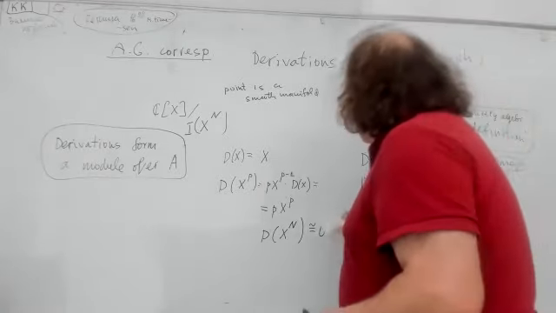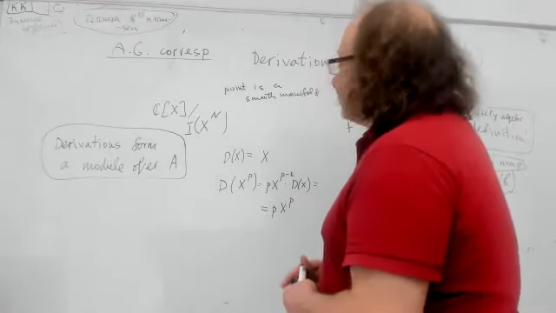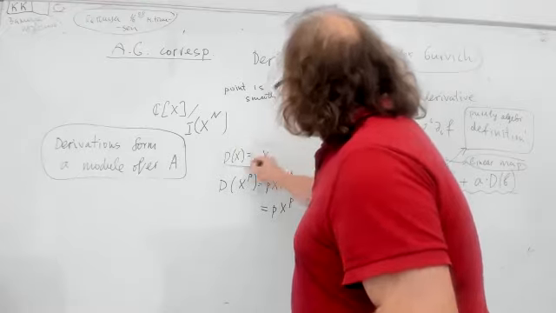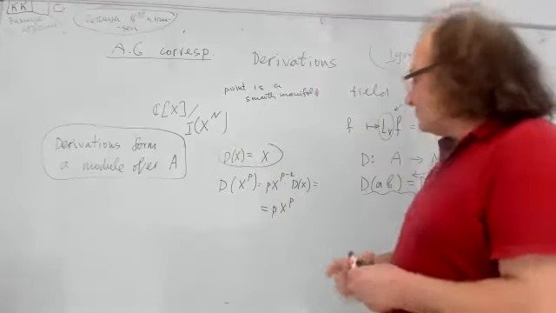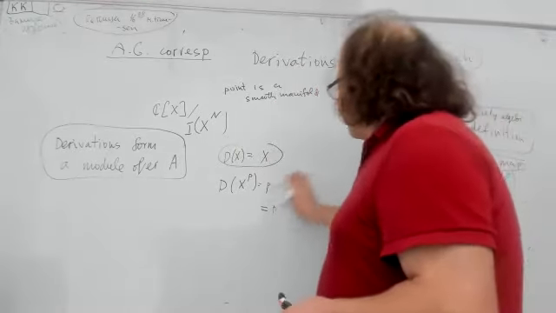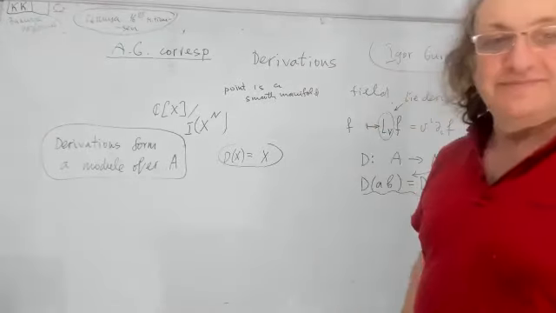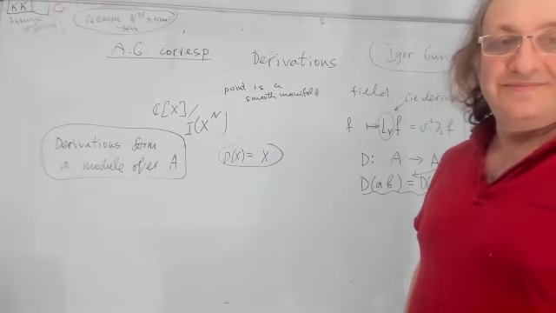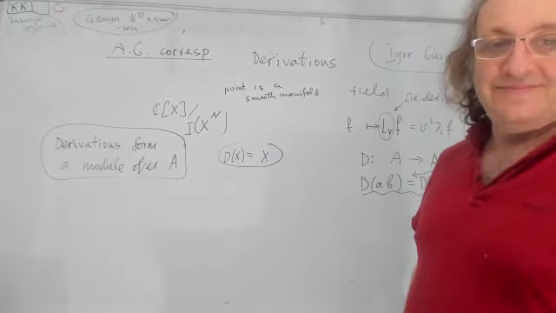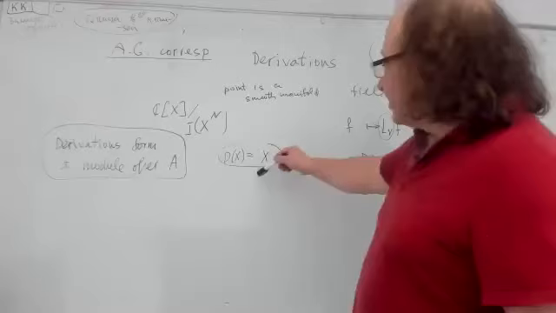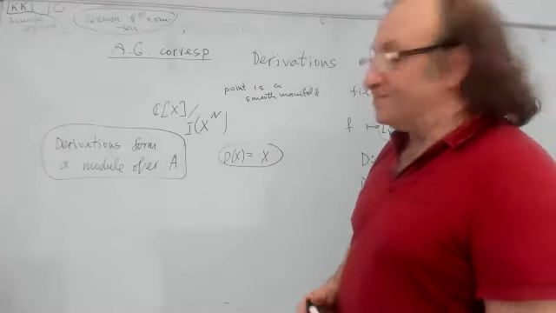Okay. So we have at least one. Do we have other candidates? Well, beta of x, beta times x would also work. It's clear that you can multiply by beta.